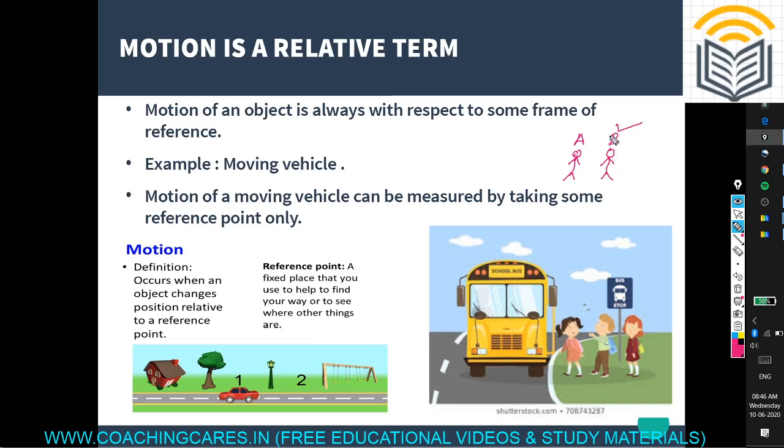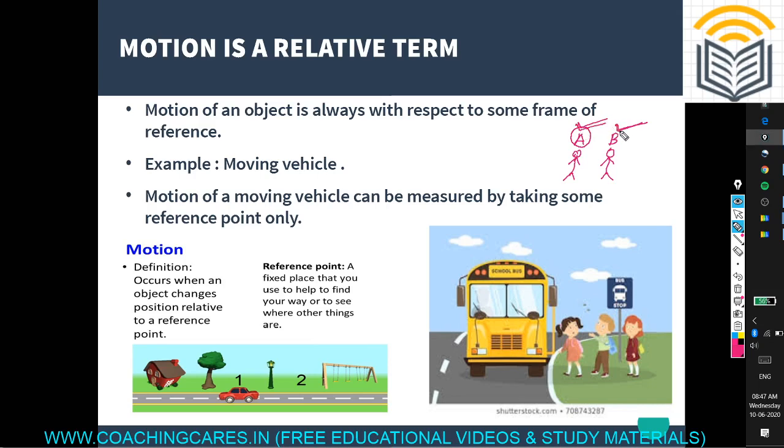Person B, if we are taking frame of reference A, person A, then person B will be at rest, or we can say person B will not be in motion, because both the persons are moving in the same bus, so the position change of both the persons is the same.